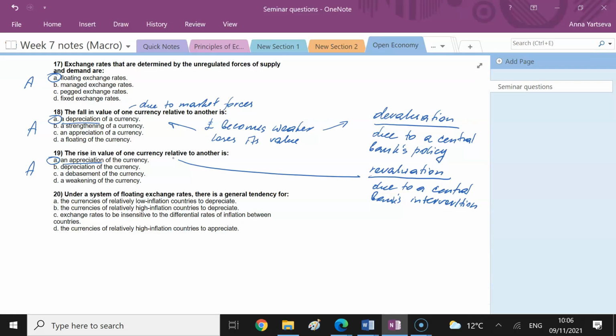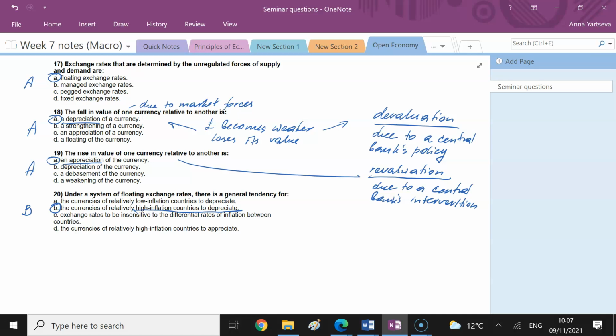And the final question, under a system of floating exchange rates, there is a general tendency for the currencies of relatively high inflation countries to depreciate. That is why this is one of the costs of inflation. Inflation implies that money loses its value. It loses its value in terms of its purchasing power domestically. We are able to buy less goods for our income.